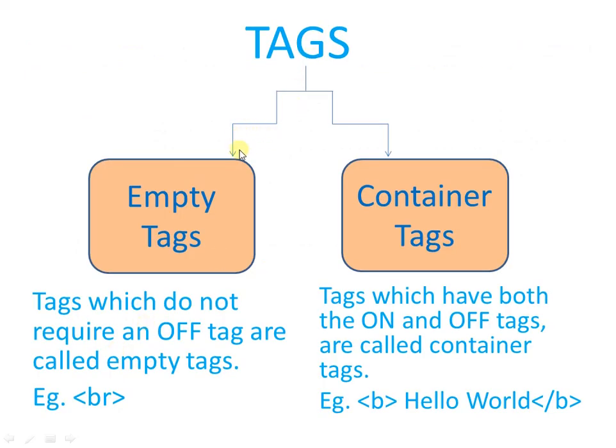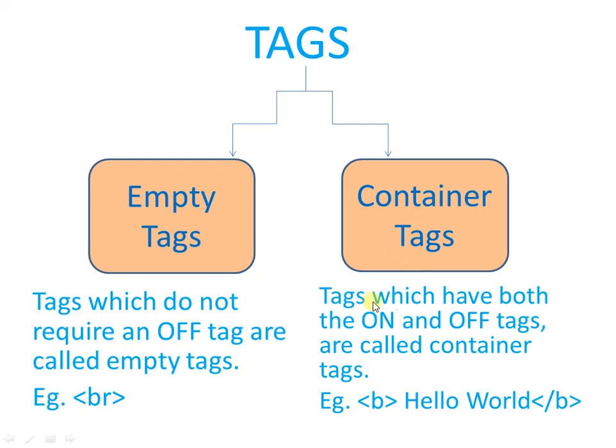Here the tags are divided into two parts. Tags will be of two types, empty tags and container tags. Empty tags are those which do not require an off tag. In this we have to give only one tag. For example, the break tag; BR stands for break tag.